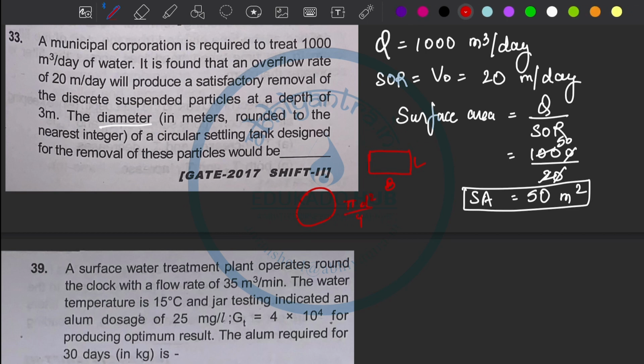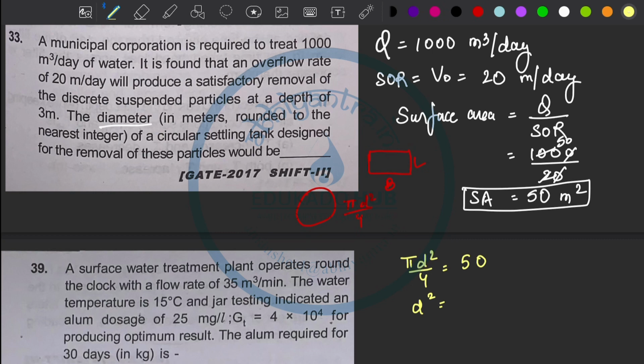So pi d square by 4 is equal to 50, and from this d comes out to be 7.978 meters.